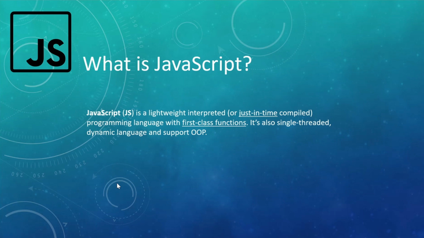JavaScript by design is a single-threaded language, not the same as C# or Java, which are multi-threaded languages. What this means is that when you work on a task that takes a longer time to execute, normally in a single-threaded language you need to wait for that task to finish before the next task can run. The tasks go onto something called the call stack.